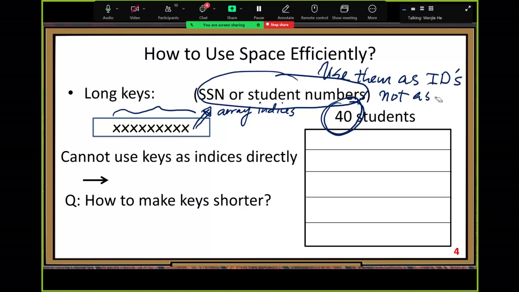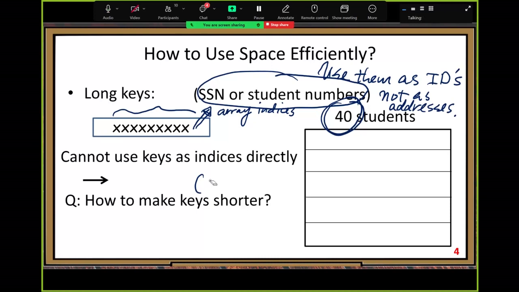Search keys you can use, but not as addresses in direct addressing. You cannot use them as addresses, so you have to make your addresses. Although we say make keys shorter, actually we should say make addresses shorter.